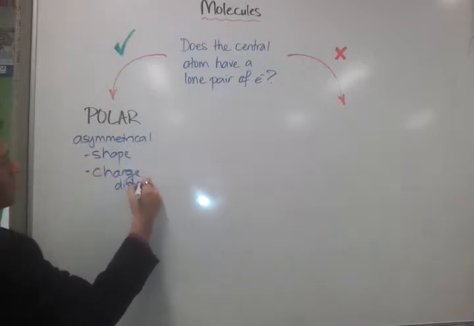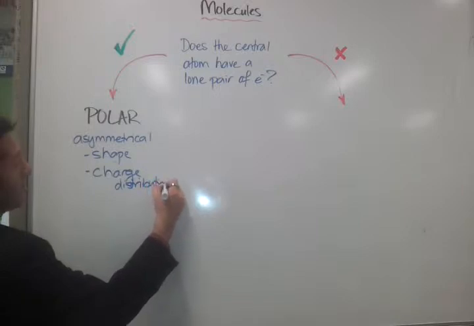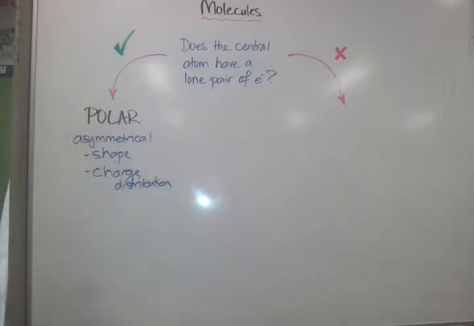The reason is not the lone pair of electrons, because that would be wrong next year, so we're not going to say that it's right this year. The reason is the asymmetry of shape, and so therefore the asymmetry of charge distribution. That creates a slight dipole.